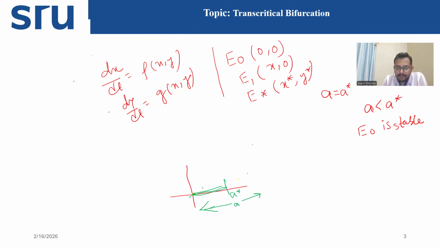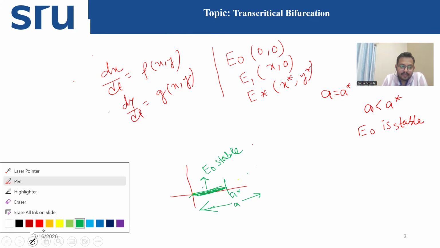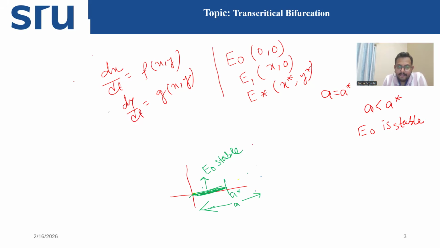So before a star, in this region, E0 is stable. After increasing a beyond a star, E0 becomes unstable.